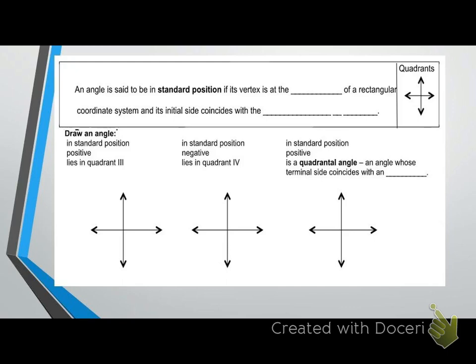Now, next definition. An angle is said to be in standard position if its vertex is at the origin, and if the initial side sits on the positive x-axis. Okay? So, I'm going to use one of these sets of axes down here to show what we're talking about.